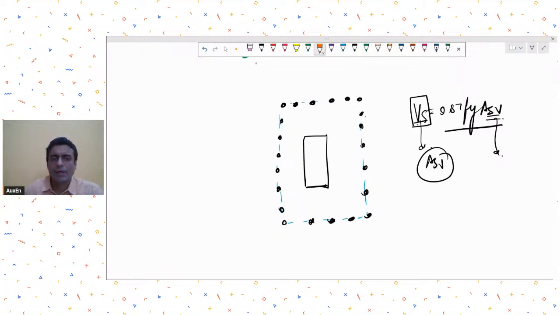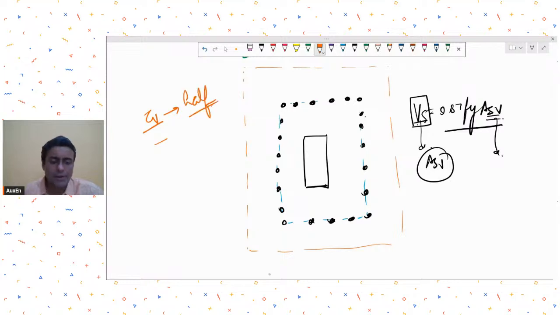And now the code asks you to take it till a distance when your tau v value becomes half. Okay. So the code wants you to continue this punching reinforcement till a distance, so I'll just read out the exact thing because I'm slightly forgetting it.